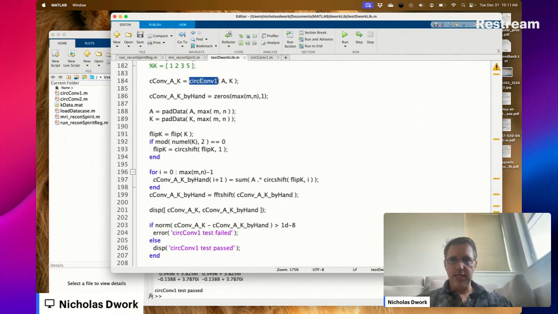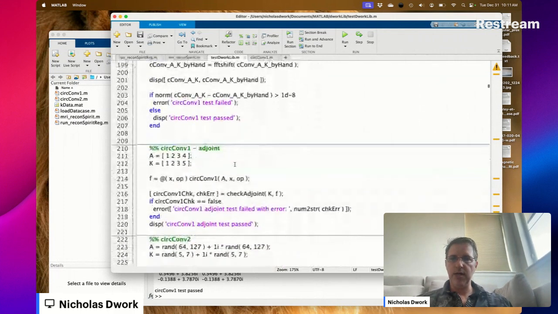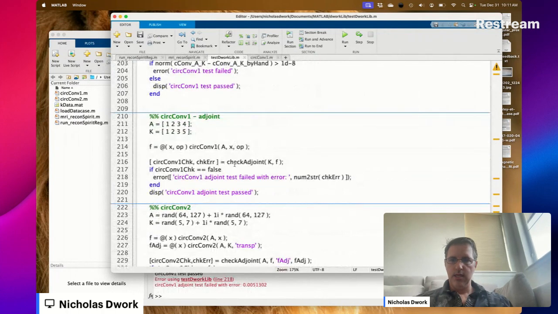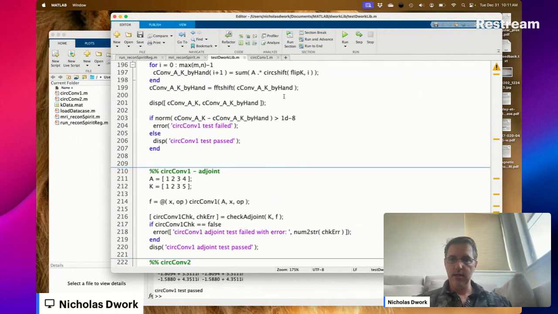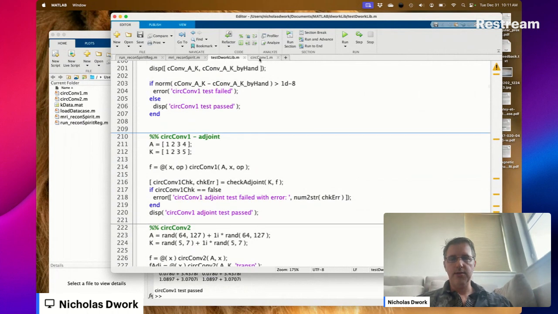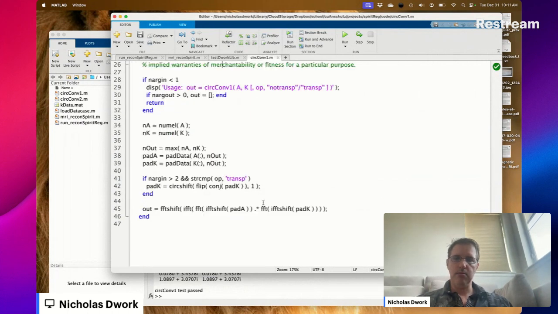I don't remember changing cirtconv1 at all, but the adjoint test fails. So the problem now seems to be with the adjoint. And what is that problem?